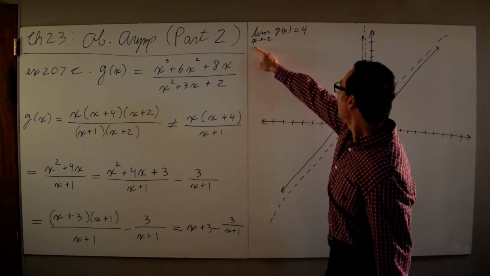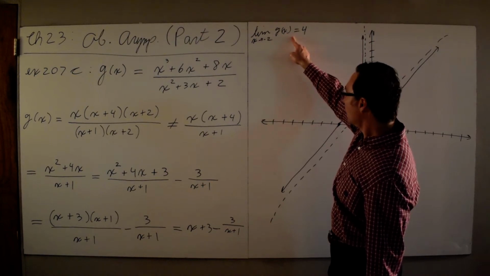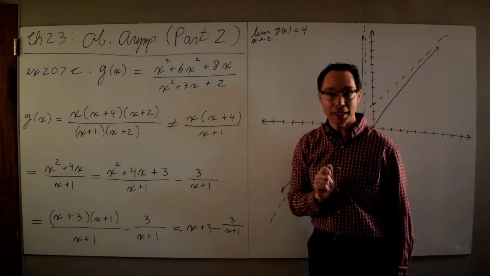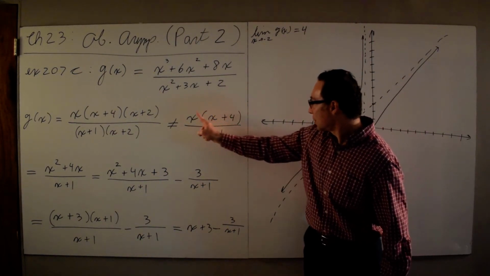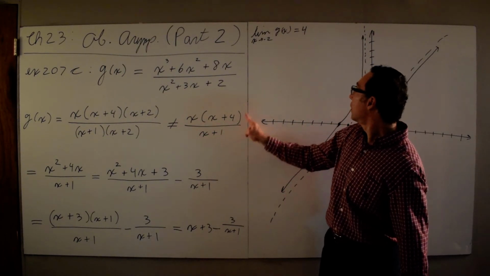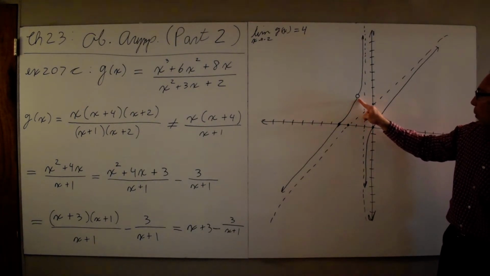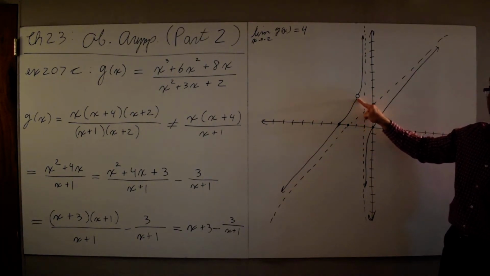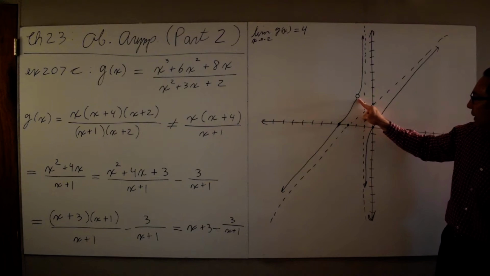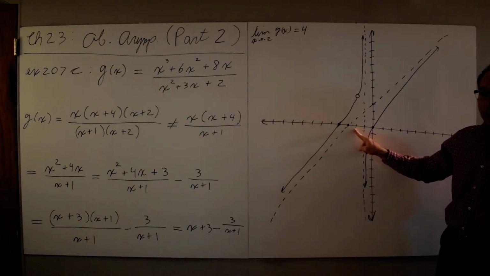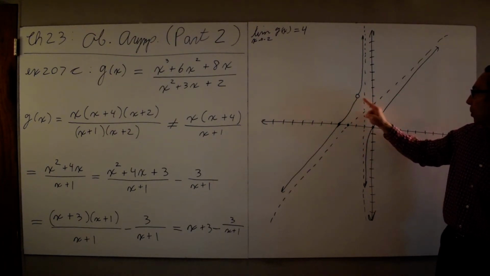So we take the limit as x approaches -2 of g of x. The easiest way to do that is to substitute -2 in right here, and we have +4. So this graph has a hole at the point -2, +4, because the limit as x approaches -2 of g of x is +4.